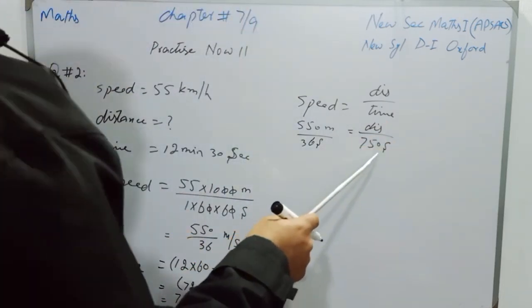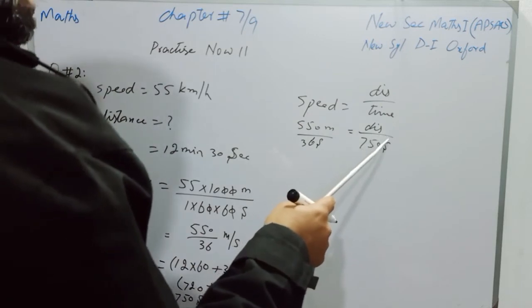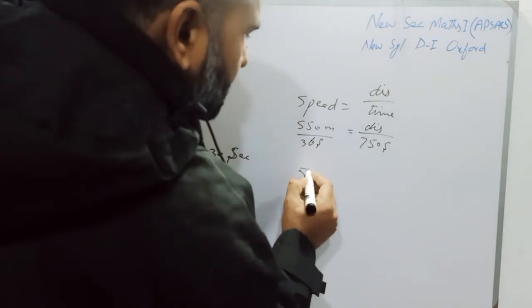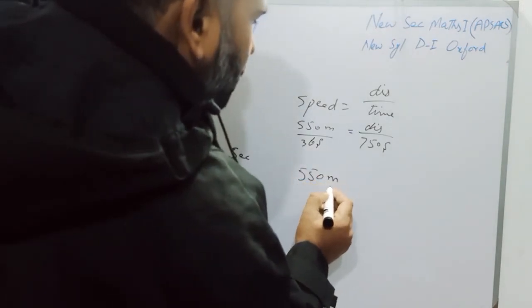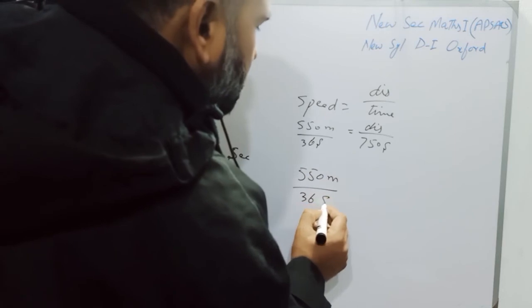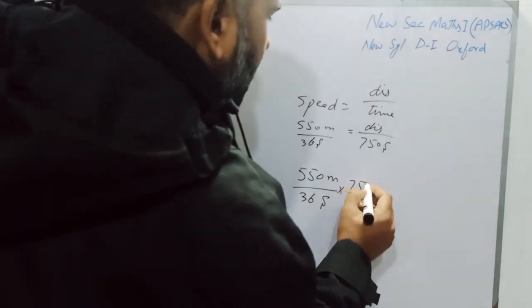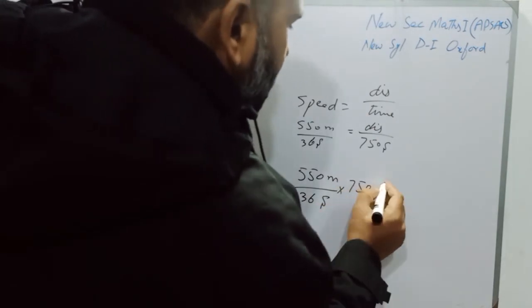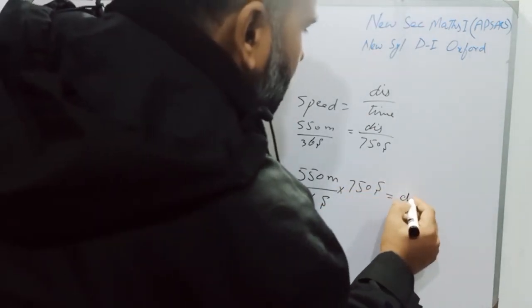Students, 750 seconds is dividing on the right side. When we transfer it to the other side, it will multiply and be written as 550 meter over 36 seconds multiplied by 750 seconds is equal to distance.